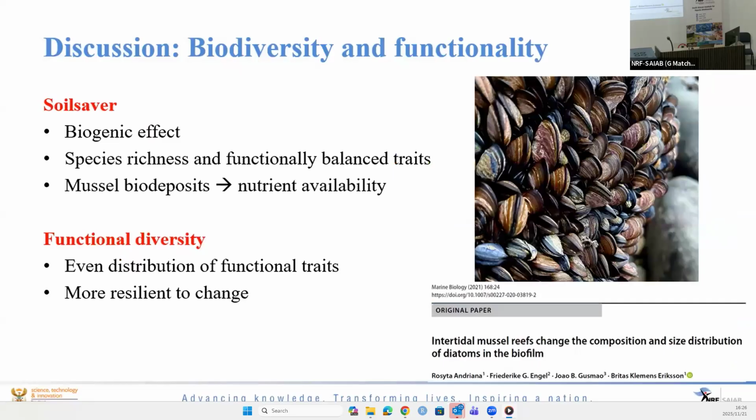In the soil saver design, it indicated a consistently higher species richness as well as functional evenness only in the seeded treatment, and this indicates that biogenic facilitation was important in promoting diatom species and traits, similarly by nutrient enrichment from mussel deposits.